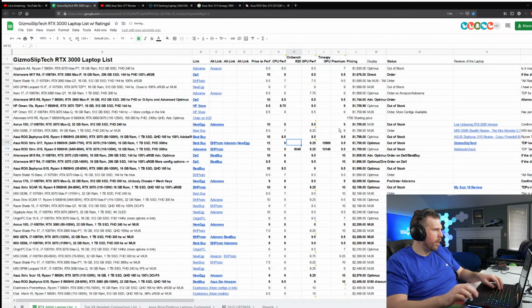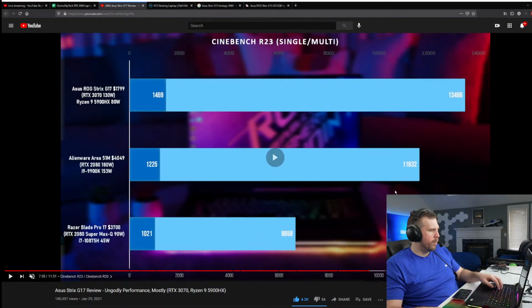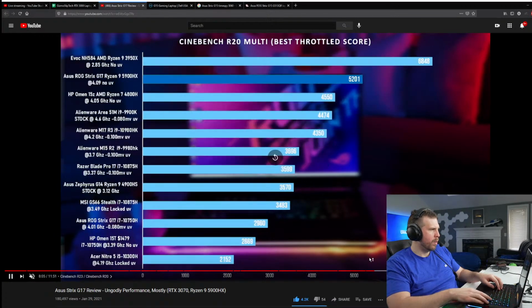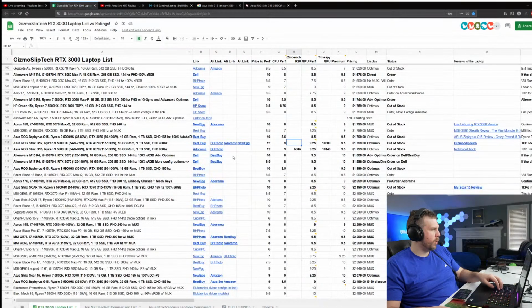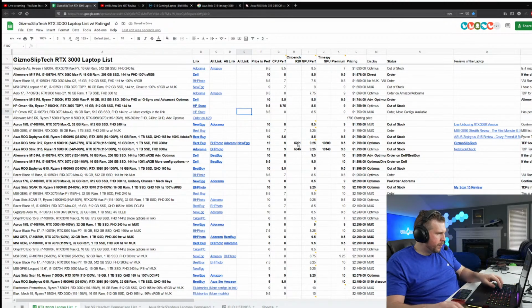Cinebench R20, go back. 5,201. Very nice, very nice.